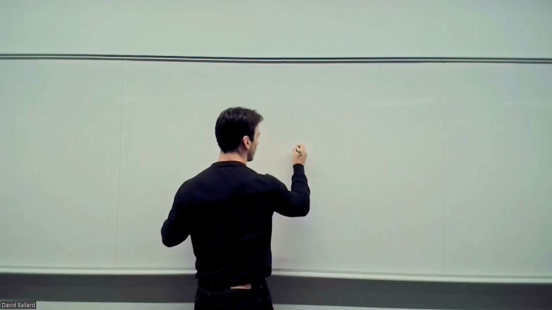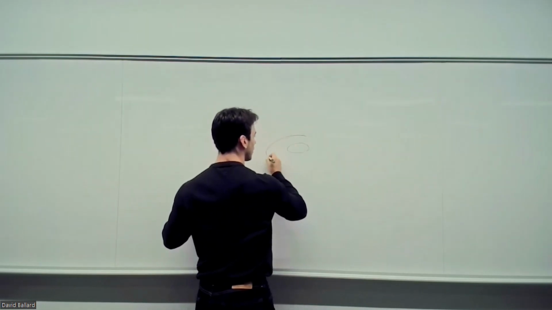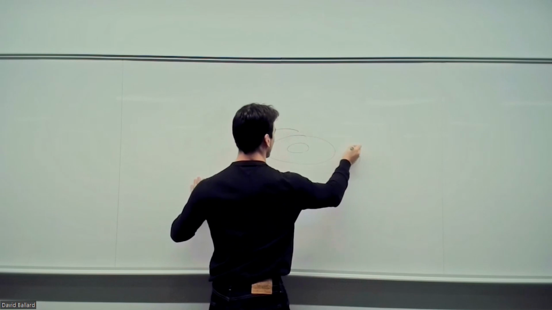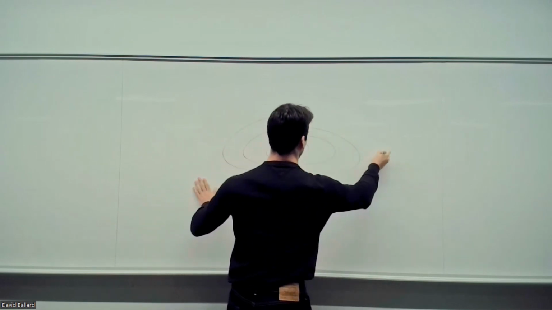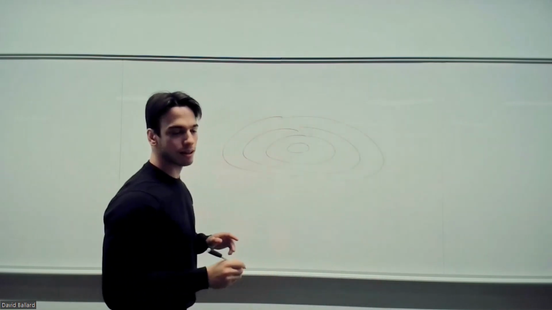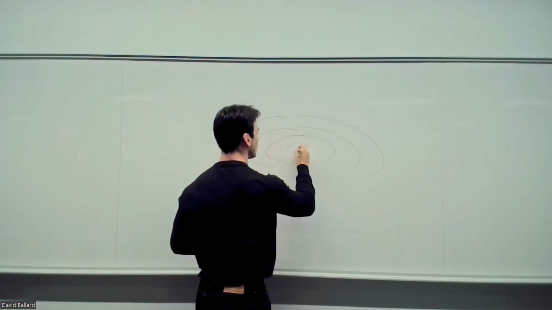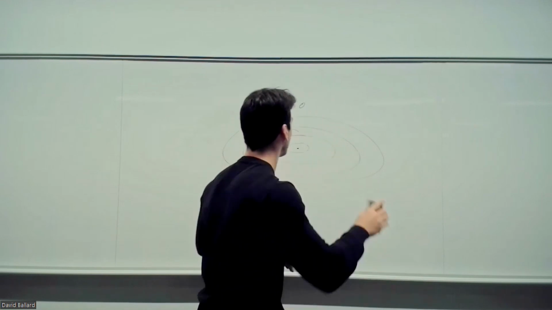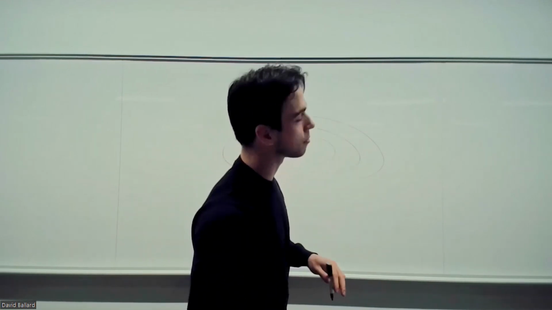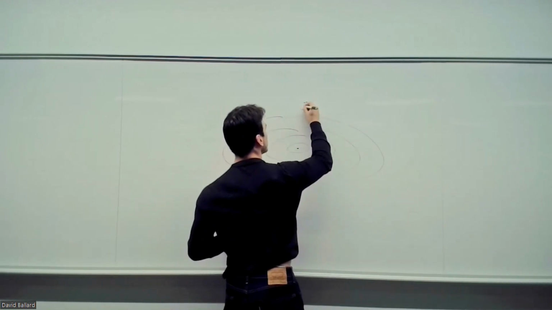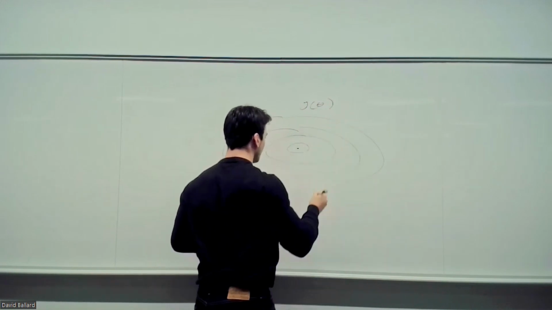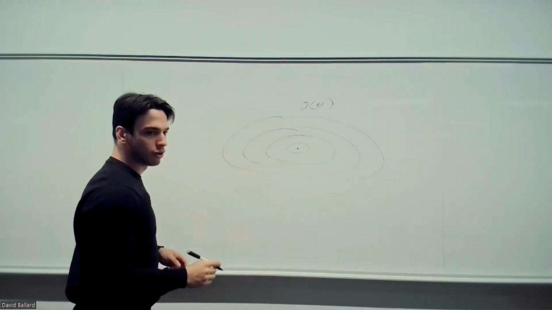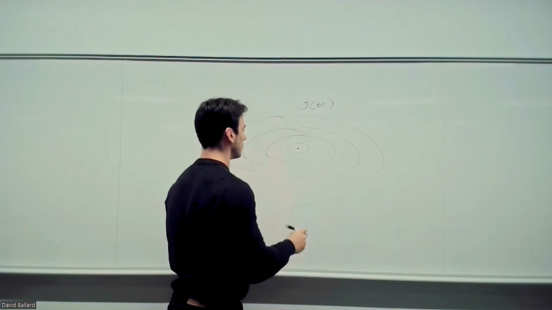If you remember from calculus 3, it could look like this. These are our contour lines, and let's assume this is our objective function. We'll call this J of theta. Remember, theta is the parameter of our model. And we want to find this minimum.